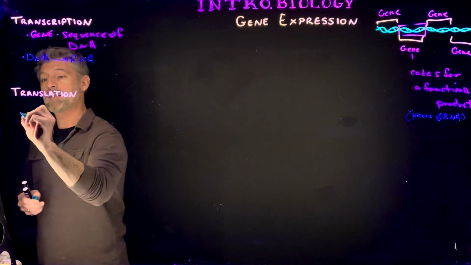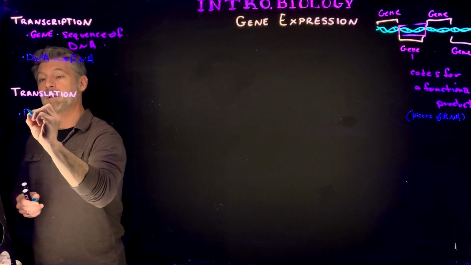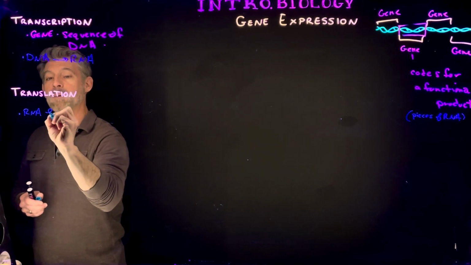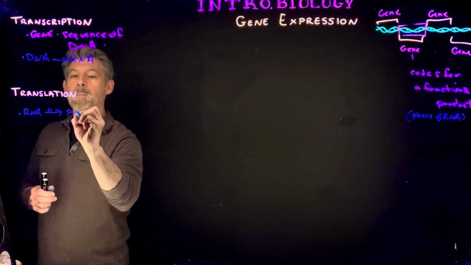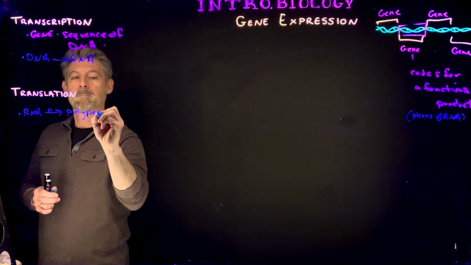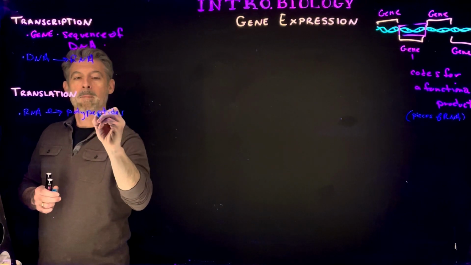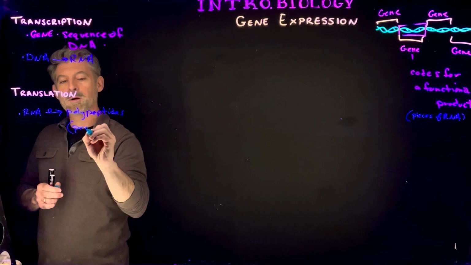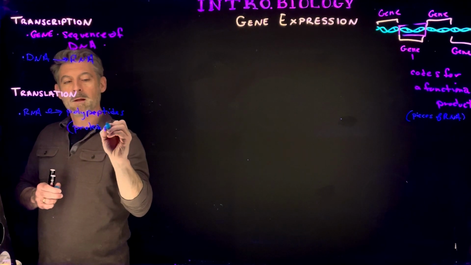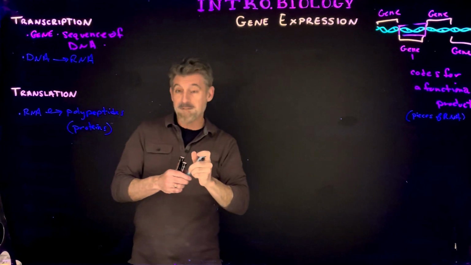So, in the next process that we get into, translation, is where RNA will be used. Not that simple, but basically to make what we call polypeptides. Also, and under certain conditions, referred to as proteins. The main difference here is that the protein has a function.